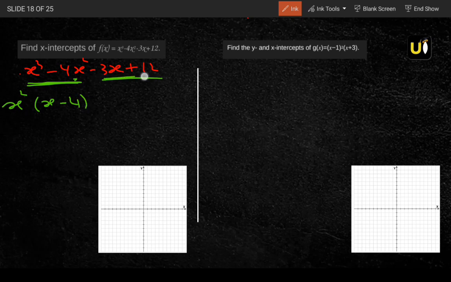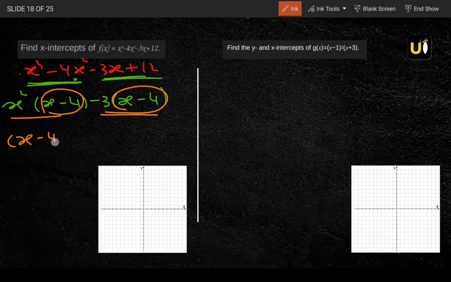And observe the next two terms. If we take minus 3 as a common term, then it is also x minus 4. Now from these two terms, if we take x minus 4 as a common term, we can write it as x minus 4 into x square minus 3. So this should be equal to 0.